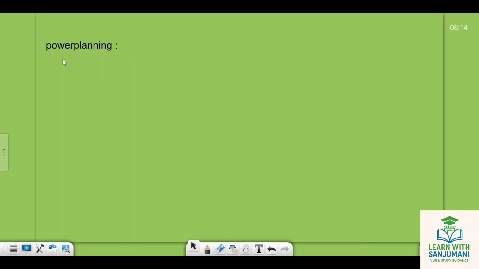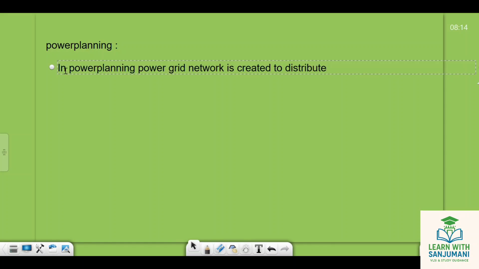Now I want to tell you the definition of this power plan. We have two definitions of power plan. First definition is, in power planning, a power grid network is created to distribute power to each part of the design equally.